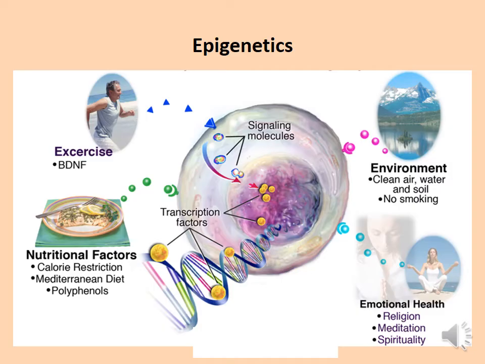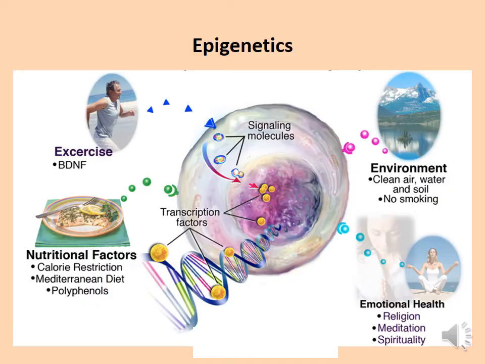A long time ago, DNA was considered a supermolecule which can determine our entire structure and functions. So we talked only about genetics. But now we know that many other factors can influence the structure and functions of our body without changing our DNA.